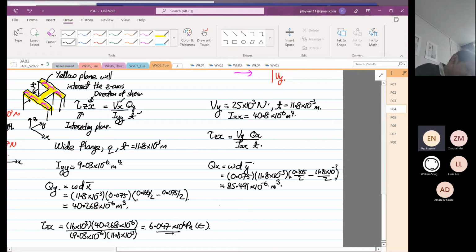So once this is done, we know that our shear stress Zx is equal to 25 times 10 to the power 3 multiplied by Qx, which is 85.491 times 10 to the power minus 6, divided by Ixx, 40.8 times 10 to the power minus 6.